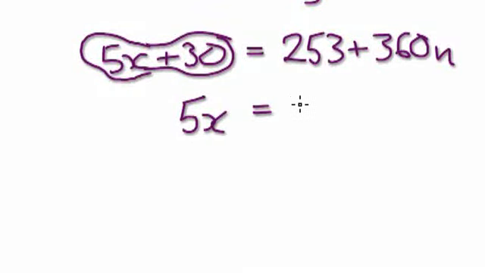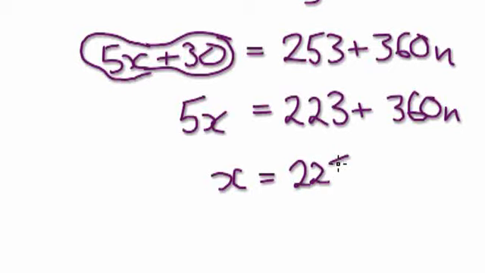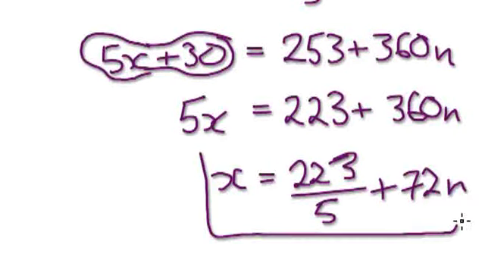So 5x equals 223 plus 360n. Divide both sides by 5, so this will be 223 over 5 plus, as we worked out earlier, 72n. So this is our second set.